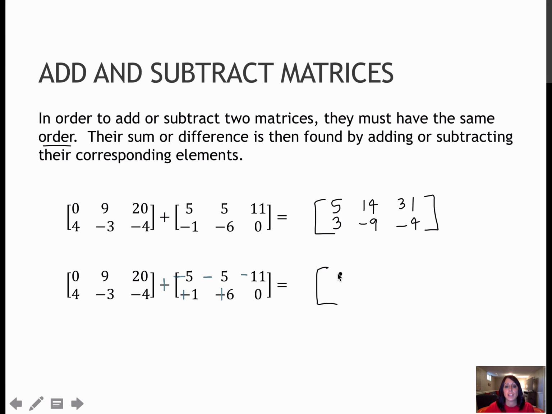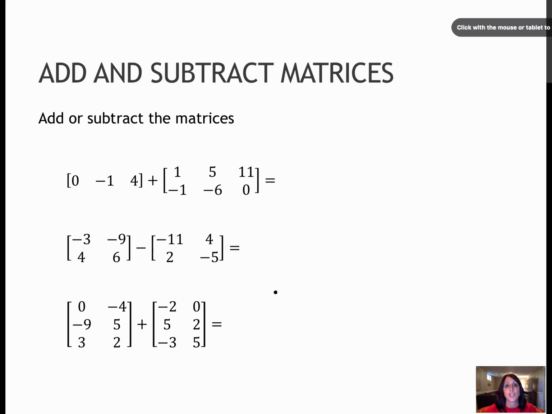So 0 plus -5, 9 plus -5, 20 plus -11, 4 plus +1, -3 plus +6, -4 plus 0, and there's my solution. So as long as they're the same size, you can add or subtract them. With subtraction, you should treat it just like you would with a distributive property and a negative.